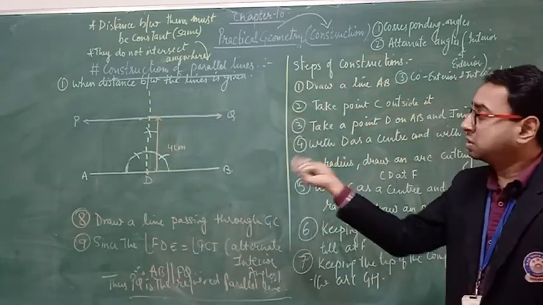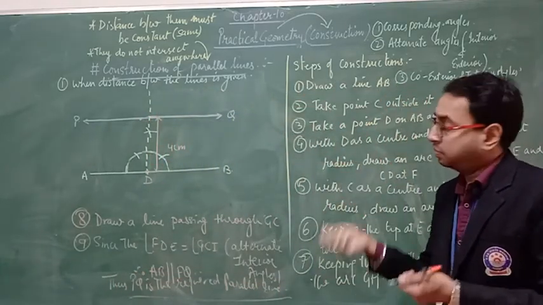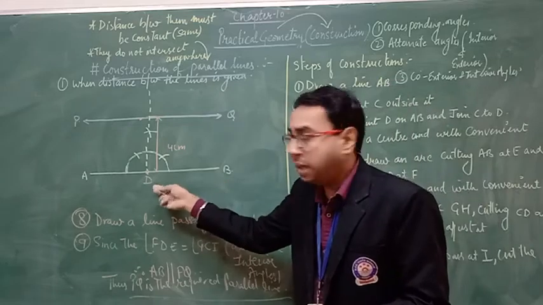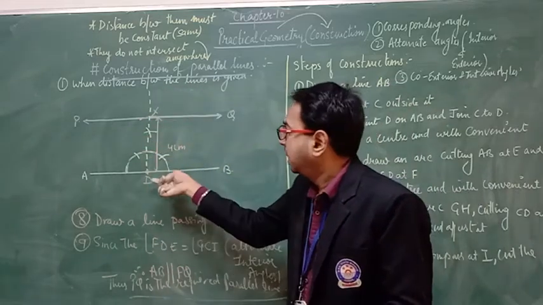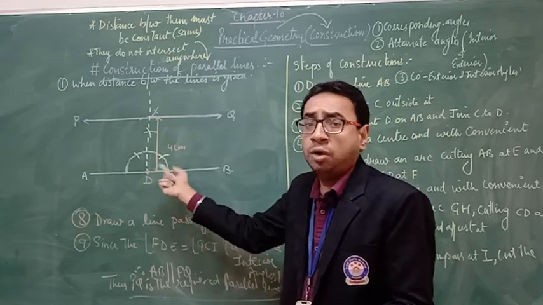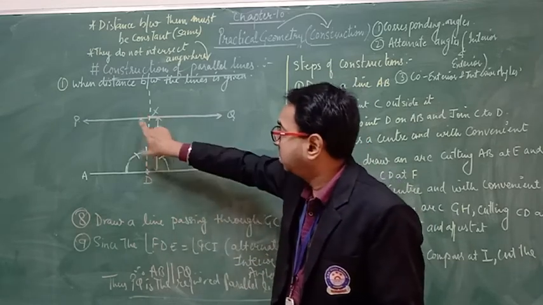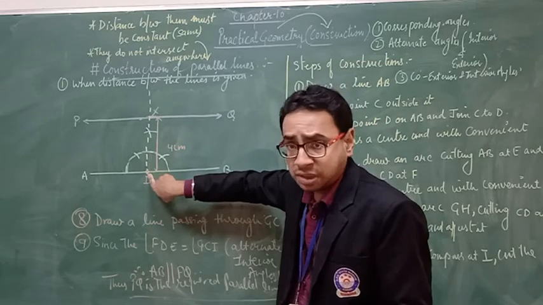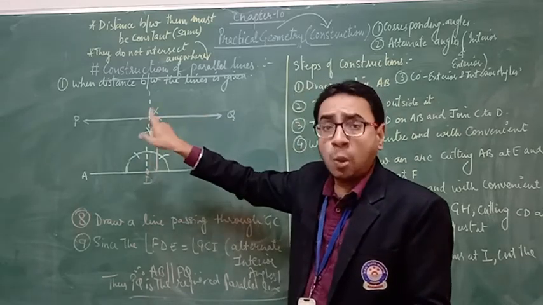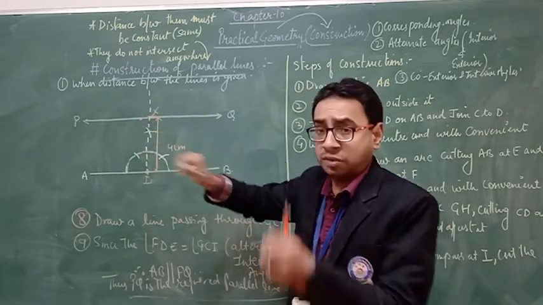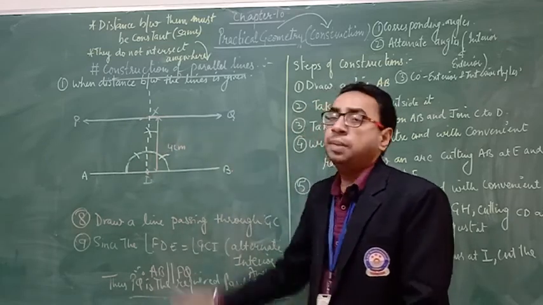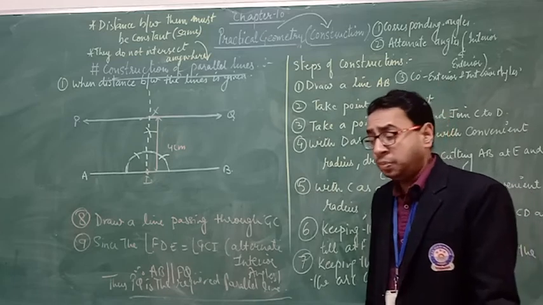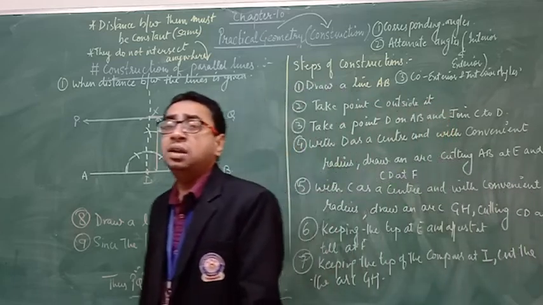Are they clear? Very easy. The only change is take a point D, whatever the point given, draw a perpendicular, then draw an arc of the given distance, and pass a line through it. You will get the required parallel line. Are we clear? With this, the construction of parallel lines is over.